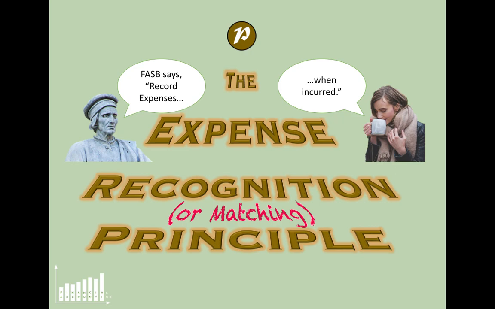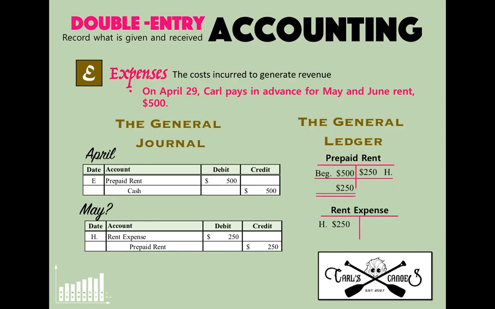He hasn't experienced the benefits of using his storefront in May until May comes. He doesn't experience the benefits of the storefront in June until June comes and goes by. And so really, this picture of this woman drinking coffee, when do you experience the benefits of the coffee? When you drink it, right? And so this idea then drives when expenses get recorded.